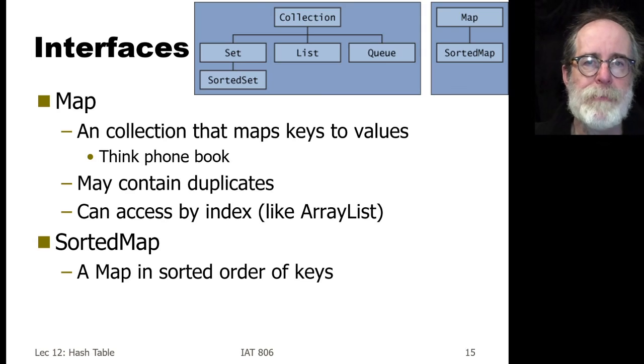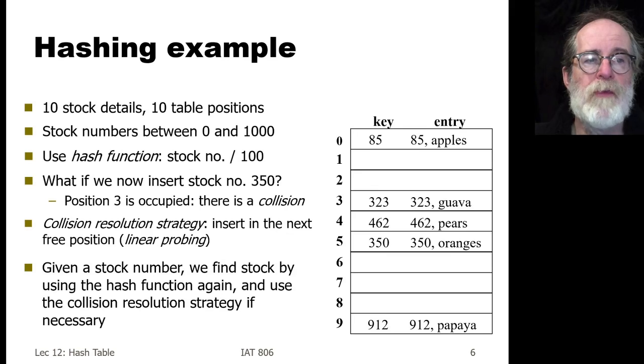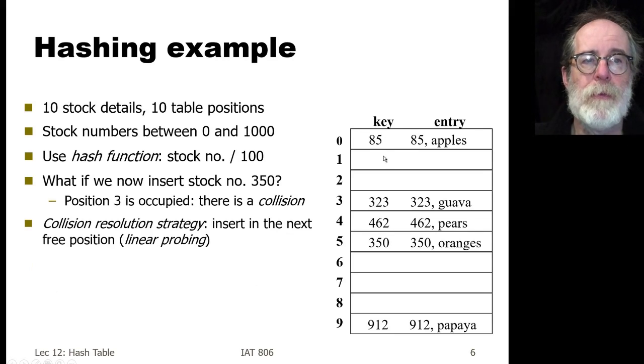A map, this is where things get really interesting and valuable, is a collection that maps keys to values. So this thing about hash tables, I had key and value earlier on, right? Hold on one second. I just quickly scrolled back to slide 6. Here's the key, the stock number, and the entry or value, the stuff that the stock number refers to: apples, maybe the number of apples in the store, and their price and all that good stuff.